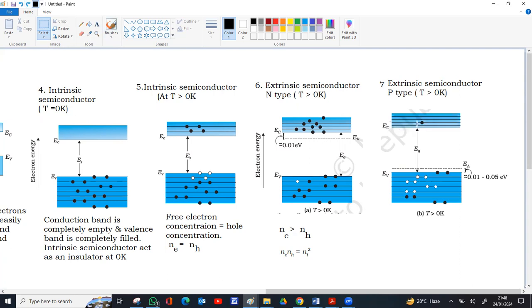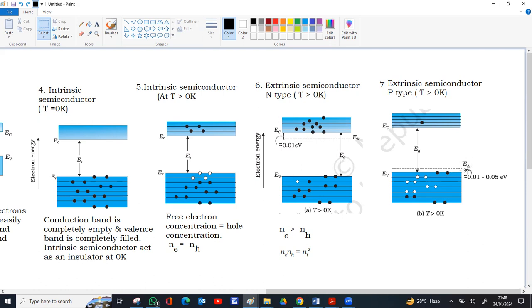So here only 1 electron, that is due to the thermal excitation from valence band to conduction band of group 14. But there are so many holes. All these holes are due to absorption of electrons from valence band of group 14 into the group 13 atom.